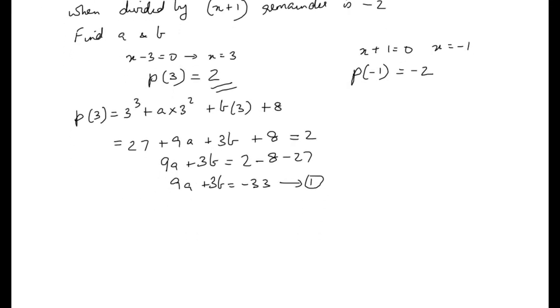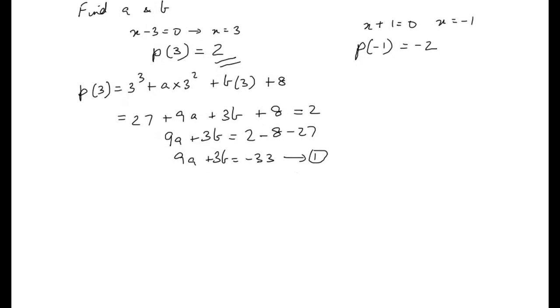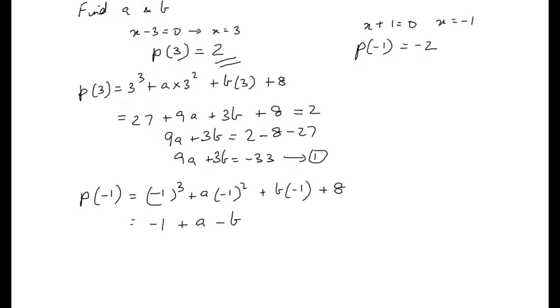Right, now I'm going to set out my new equation. P of minus 1 is minus 1 cubed plus A times minus 1 squared plus B times minus 1 plus 8. So that's minus 1 plus A minus B plus 8 is equal to minus 2, which gives me A minus B is equal to minus 2 minus 8 plus 1.